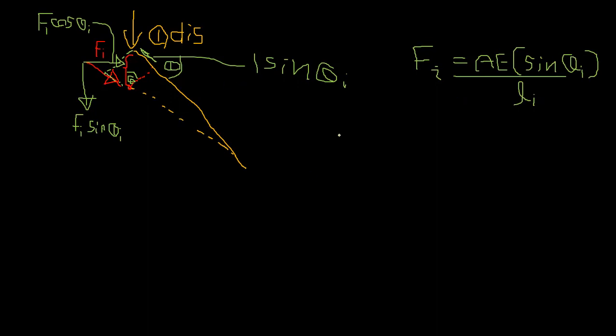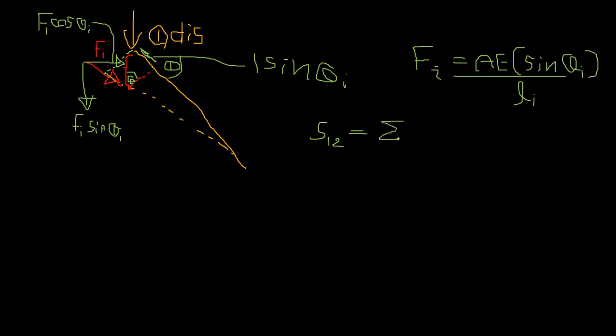So you can find, similarly, this is for the ith member, so that means S12, the force in the first direction due to the displacement in the second direction. First direction is Fi cos theta. So that means this is into cos theta.